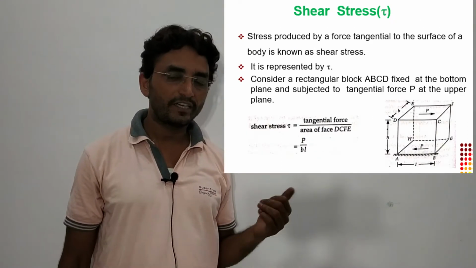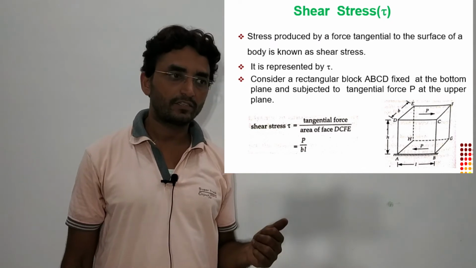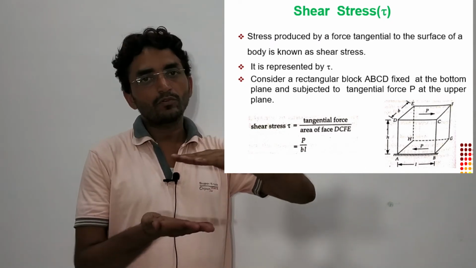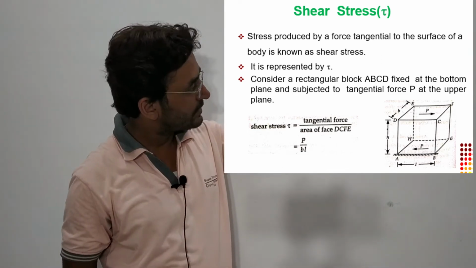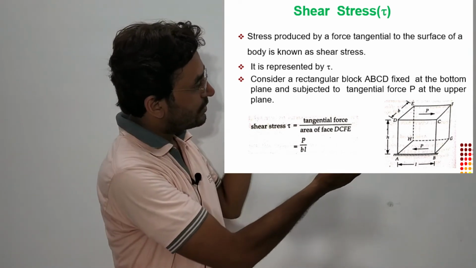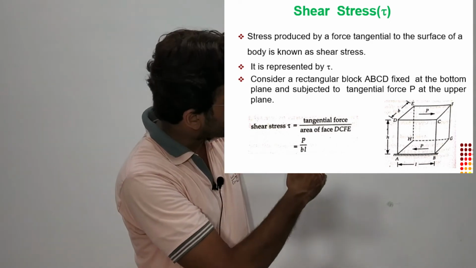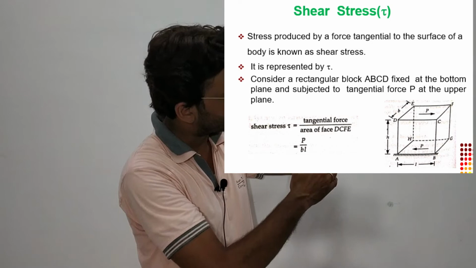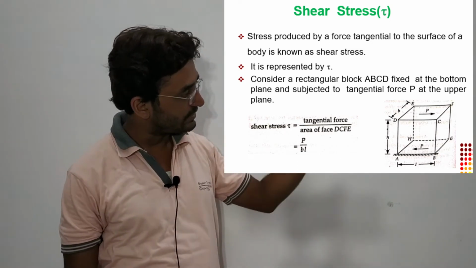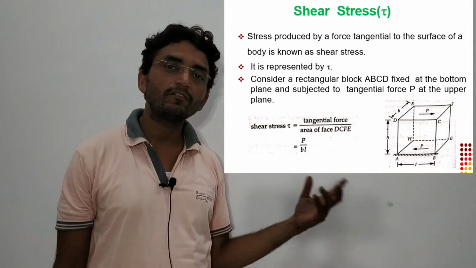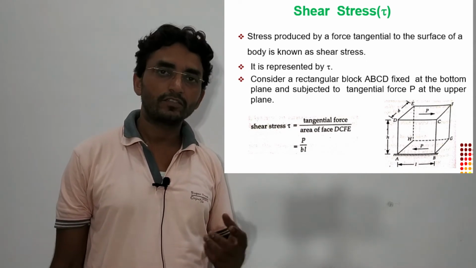Now come to the next topic, that is shear stress. What is shear stress? Whenever a tangential force is applied on a body, it has a tendency to twist the body in the direction of force, or we can say distort the body in the direction of force. When loads are subjected on a body in such a position, the corresponding stress developed is known as shear stress.